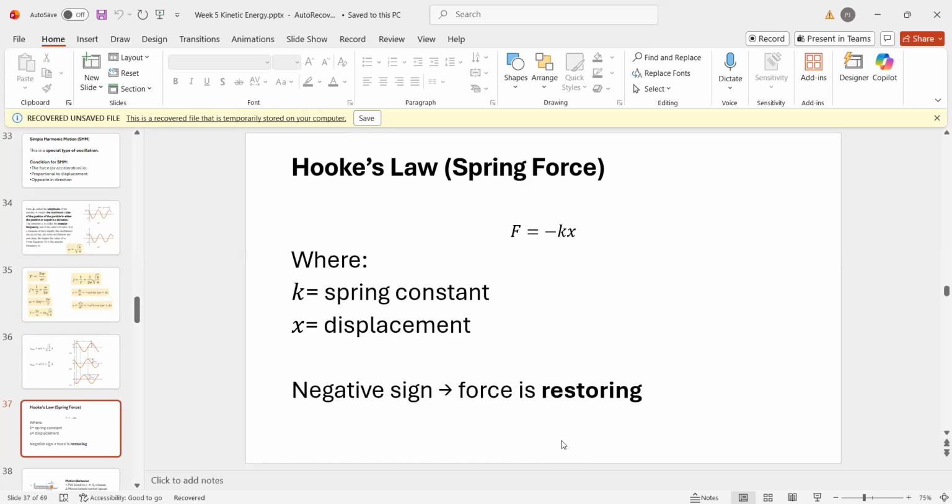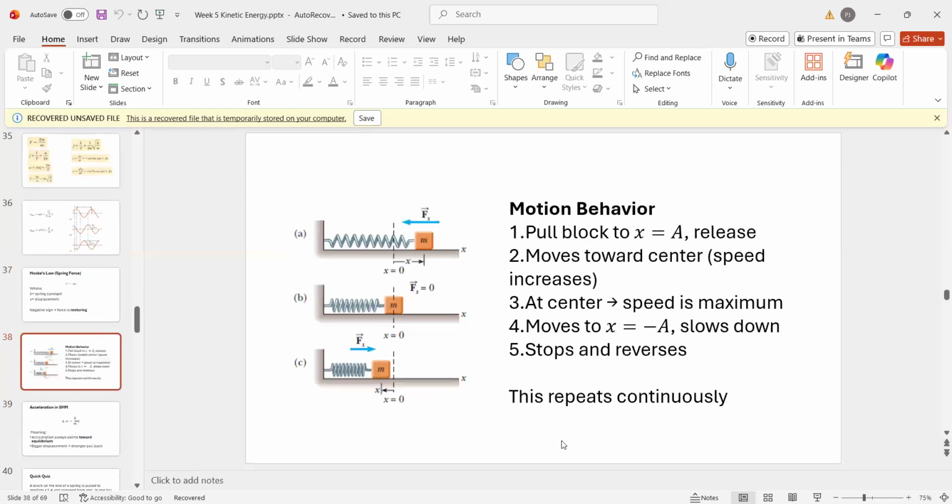That's why we put the negative sign attached to Hooke's formula. When you pull the spring, it goes in and comes back. So we use the negative sign to indicate that there is a restoring force. Basically, that's what we want to look at.